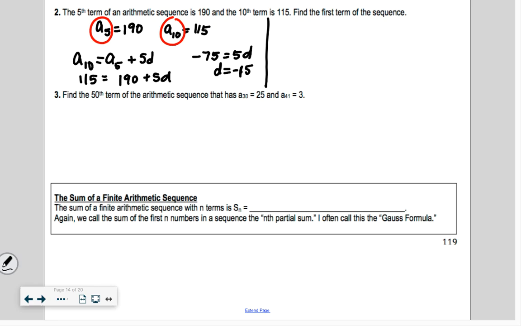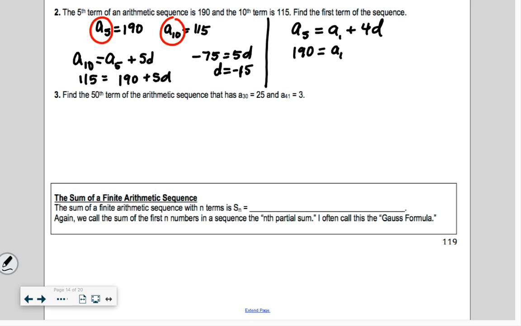Okay, so I want to find the 1st term. I could use the 5th term or the 10th term to find it. I typically pick the one that's closer to it. So if I want to use the 5th term, I would say A subscript 5 is equal to A1 plus 4 common differences. Do you guys get that set up? It's always good to write it with A's and D's. So write the equation out with A's and D's. So the 5th term is 190.